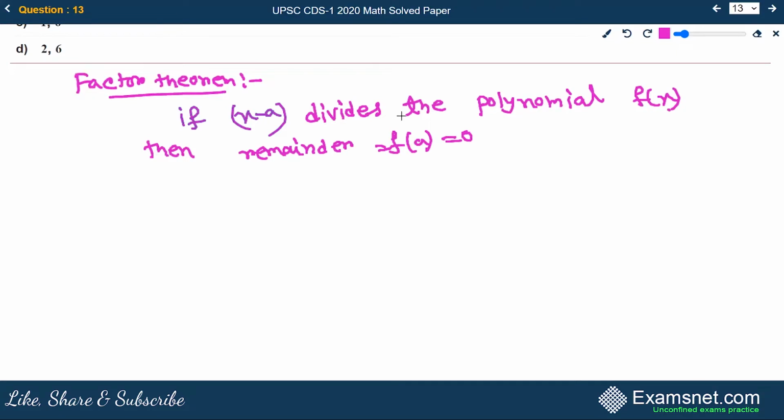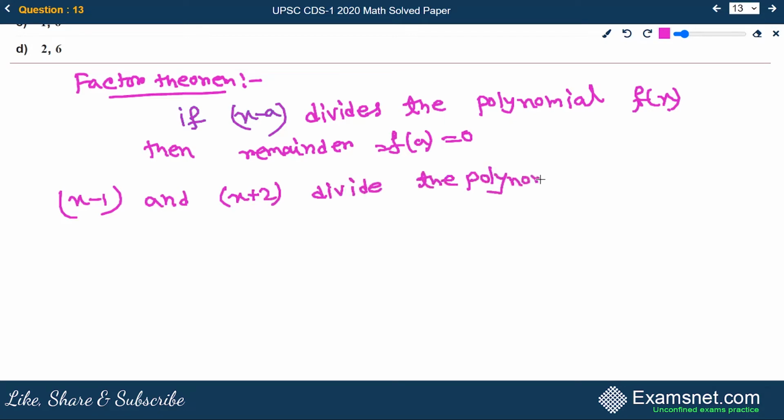If x minus a divides the polynomial f of x, then the value of f of a will be 0, and that will be the remainder. Since it is stated in the question, x minus 1 and x plus 2 divide the polynomial x cube plus 4x square plus px plus q, let's say this is f of x.